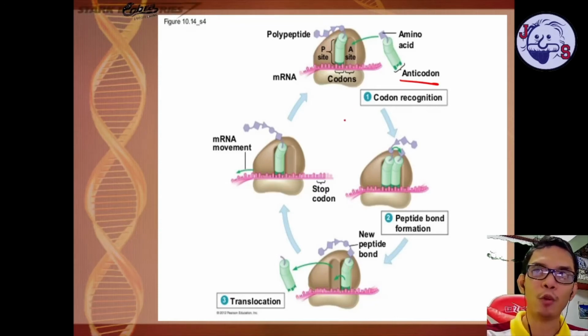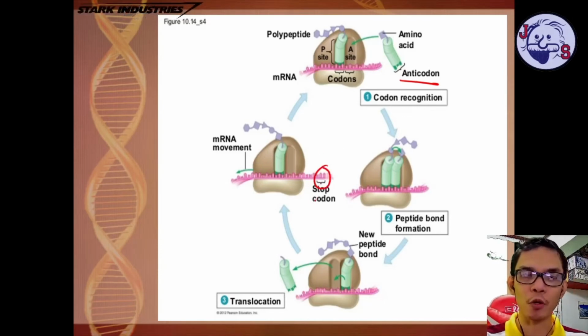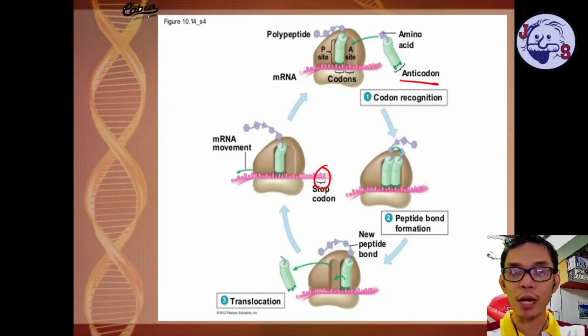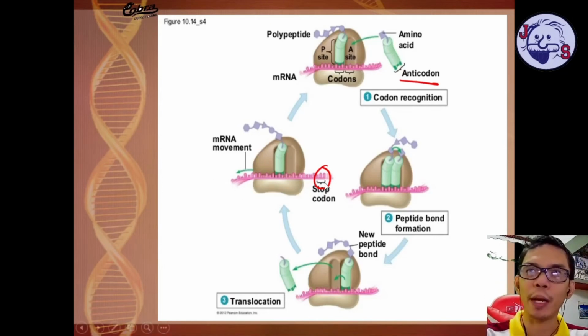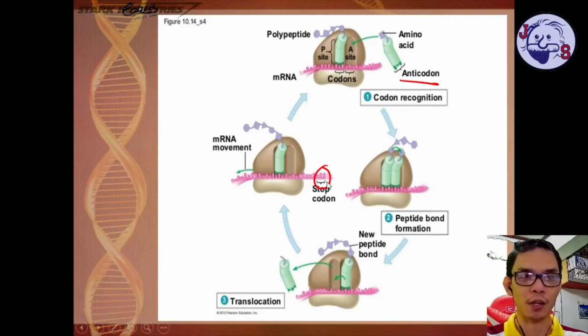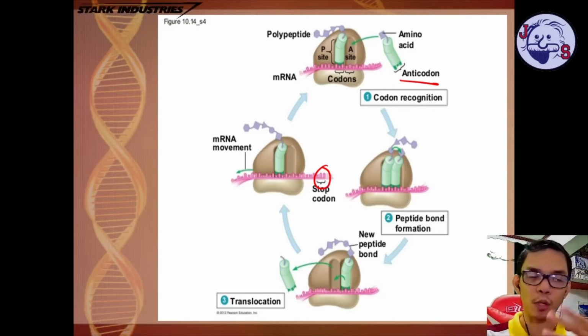Once it encounters a stop codon, it will literally stop. It will stop creating the amino acid. Therefore, the length of the protein is dependent on the length of your mRNA that was transcribed, or that was translated.